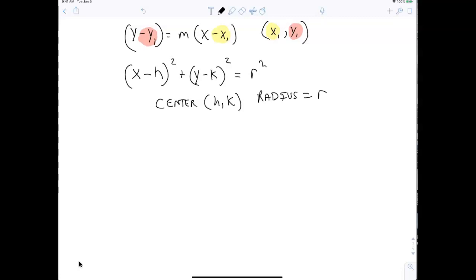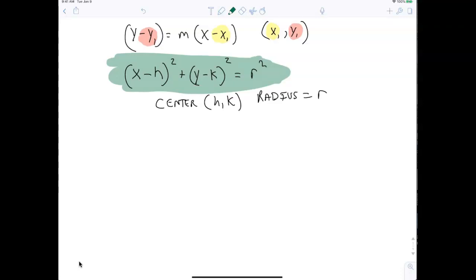Notice the center is negative h and negative k in the equation, but when you pull it out of the equation, it's the opposite sign. So relatively easy, if you understand this is the formula for the center of the circle, given the center and the radius.